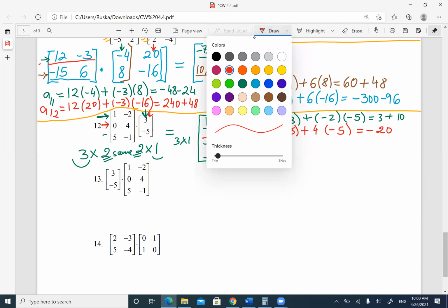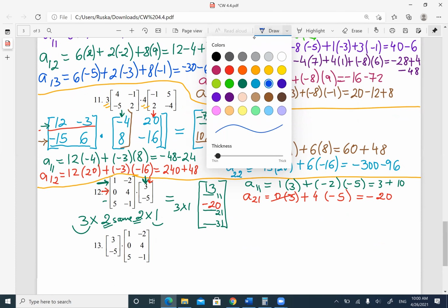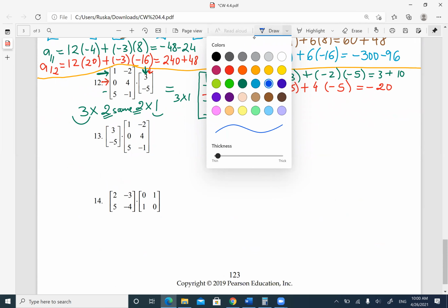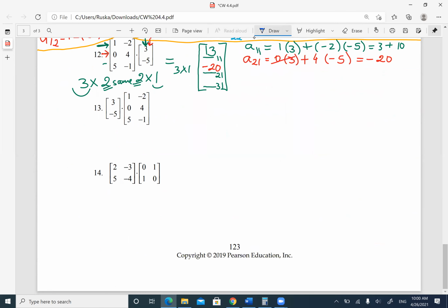And then I have one more to go. Oops, sorry. So I have the third one, A, 3, 1. I'm multiplying the third row and the first column.